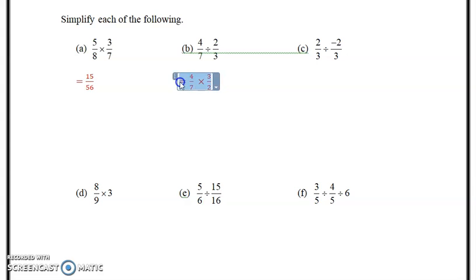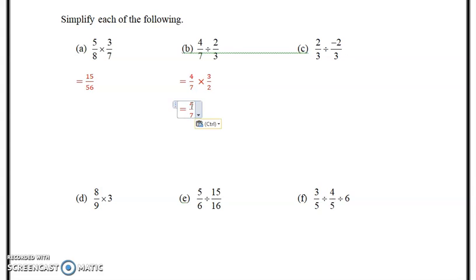And then obviously all we do now is multiply them together. So we multiply the numerators, and then we multiply the denominators. So 4 multiplied by 3 is 12, and 7 multiplied by 2 is 14.